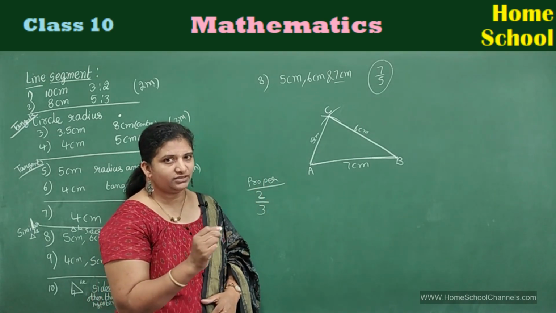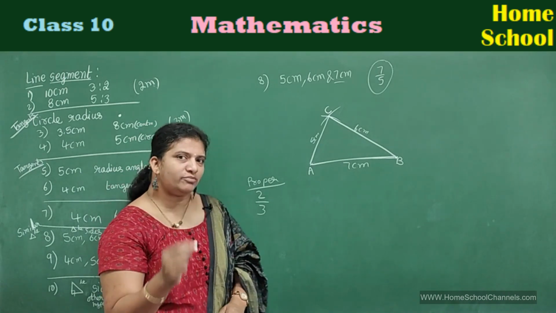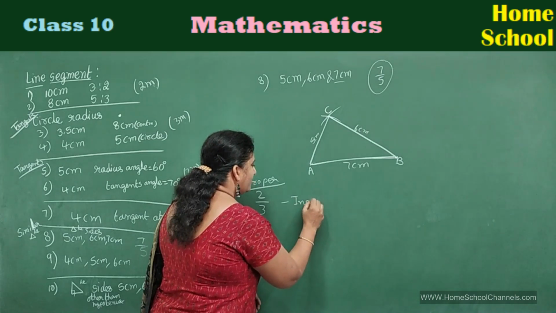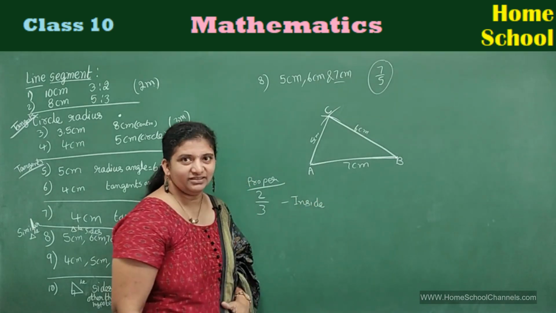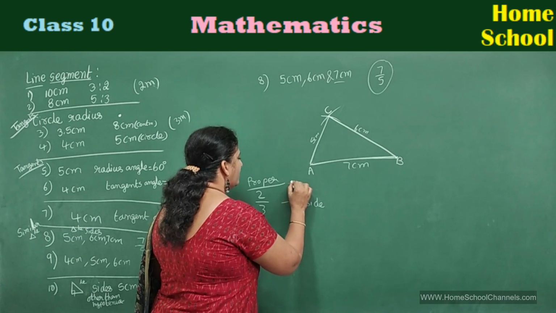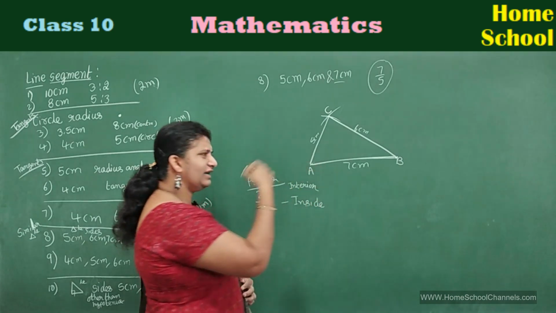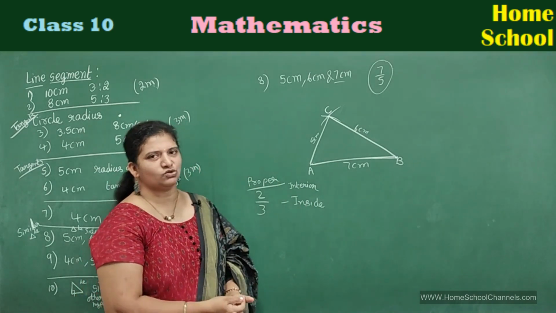Proper fraction. If you properly come to school, where are you going to sit? Inside. You just need to remember here, the interior of the triangle or inside the triangle. You can remember, anything is okay.